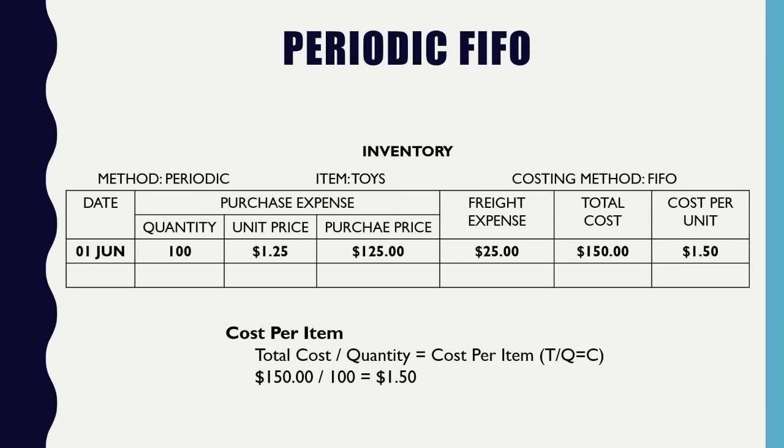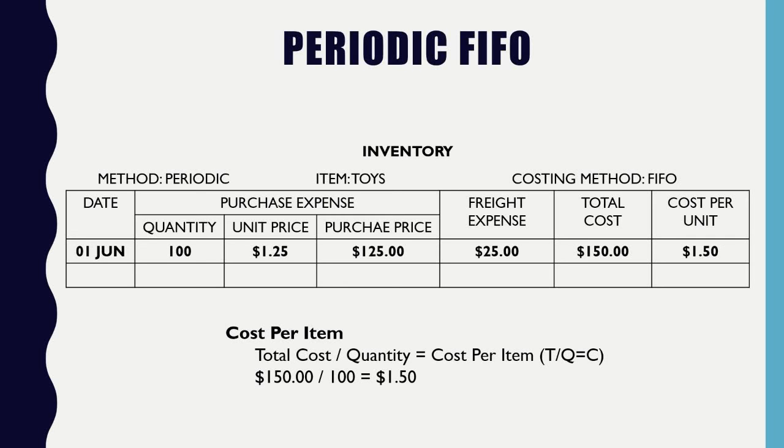Now, the most important thing to recognize about the cost per item is that this is how you're going to utilize the first in, first out rule. If I made my first purchase right here, my first batch that I'm going to sell, I've included my cost. So when I sell my item, I want to make sure that I cover all my costs, so that when I set my selling price, it also allows me to make a profit.